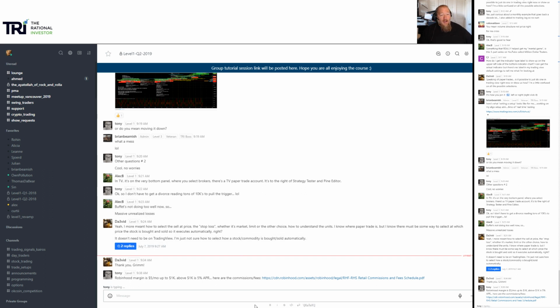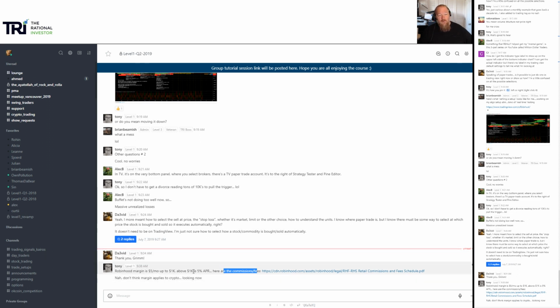Now, something to note here, you'll notice there's a commission and fees portion for margin. So bear in mind that Robinhood's big claim is that there's no fees for your transactions, but that doesn't apply to margin. Margin is subject to its own.